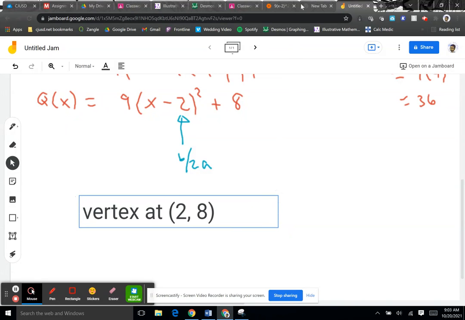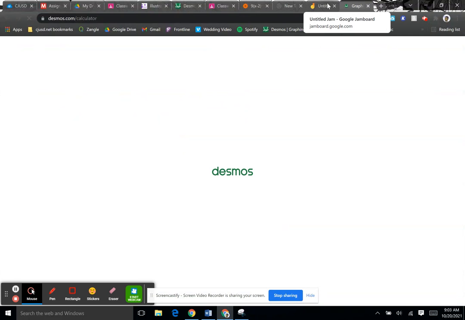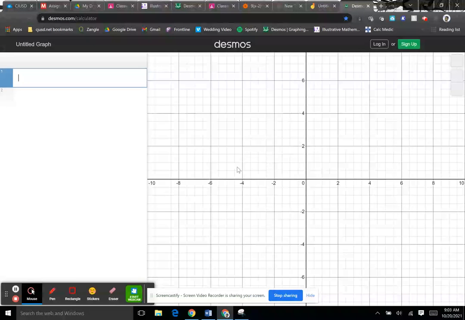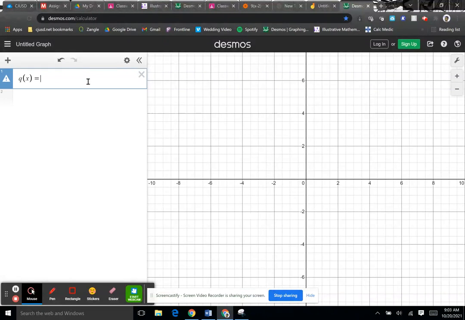Well, let's double check to make sure this is true. Should have had Desmos loaded, but I didn't. All right, anyway. Here we go. We had q of x equal to 9 times x minus 2 squared plus 8.